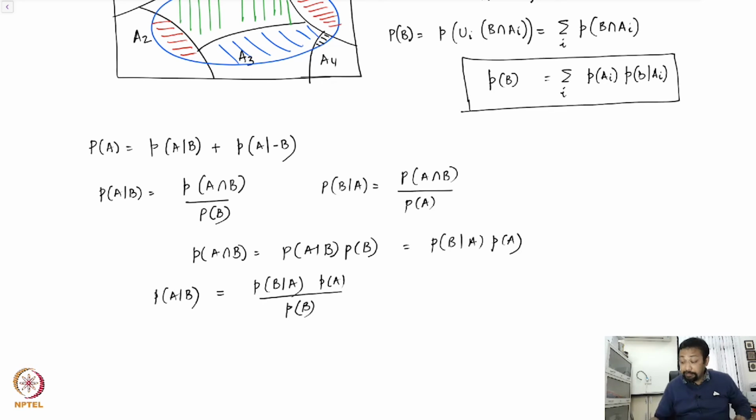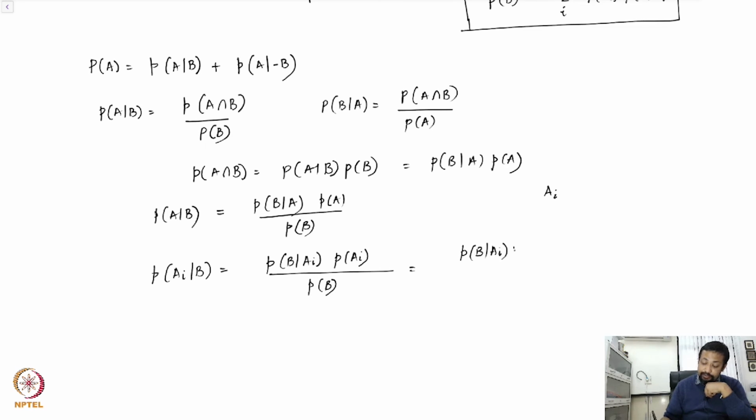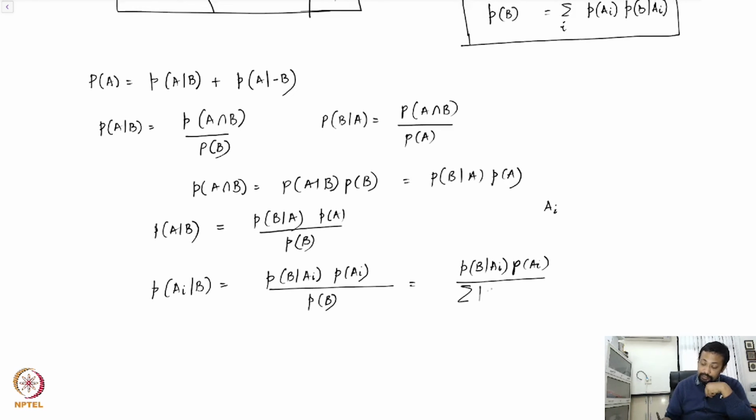Now, this is just one event I'm talking about. If there are multiple events A_i, and I want to know P of A_i given B, then P of A_i given B is this very simple expression: P of B given A_i times P of A_i divided by P of B. But P of B we just calculated using the partition theorem, as the sum over i of P of A_i times P of B given A_i.